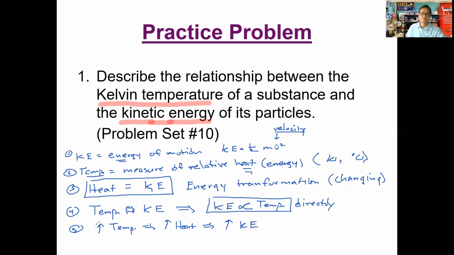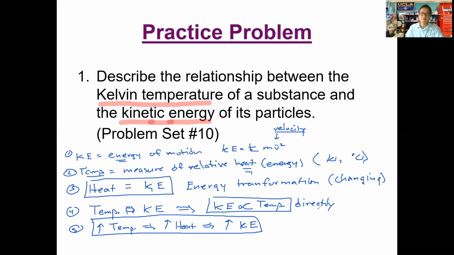This, simply stated here, folks, is what you need to be able to link. You can write it out that way as your answer, or you can write it out this way, whereas we have the direct relationship between kinetic energy and the temperature scale.